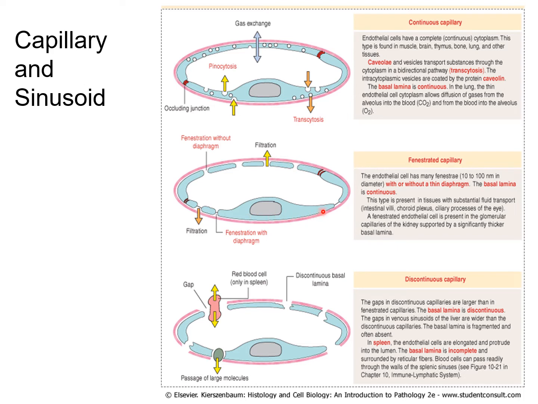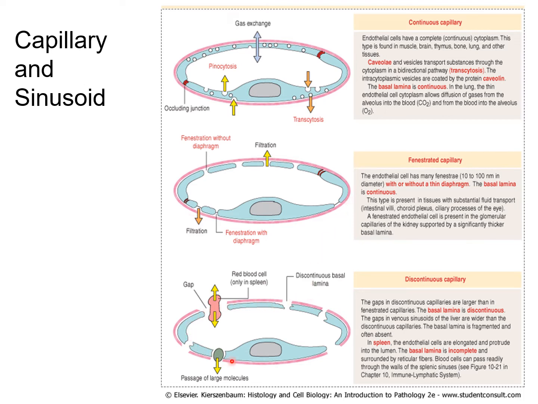So this kind of capillaries are present in the kidney, glomerulus of the kidney, and through these gaps, substances pass from the lumen of the capillaries to the Bowman's capsule or the urinary space of the nephron.